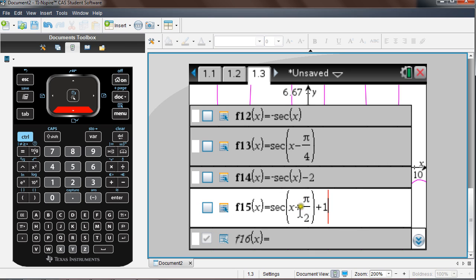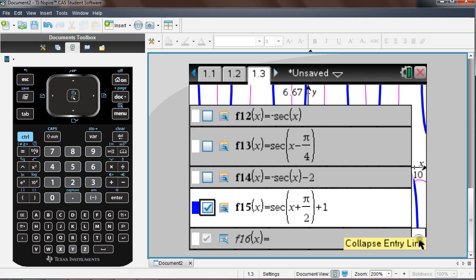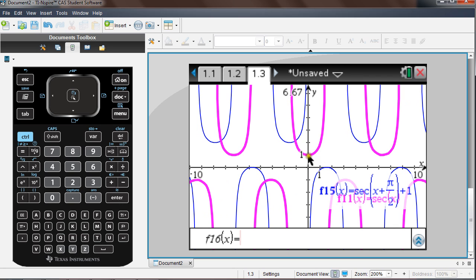See, that's a plus, so move to the left by whatever half of pi is, 1.5 something. And then every point moved up 1. Move to the left about 1.5.